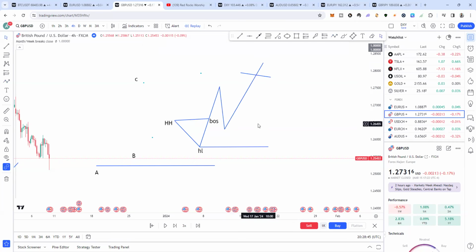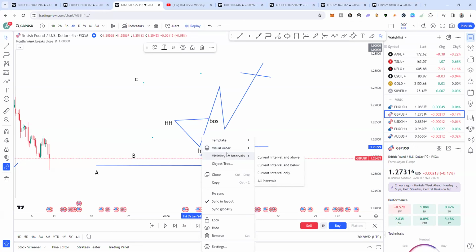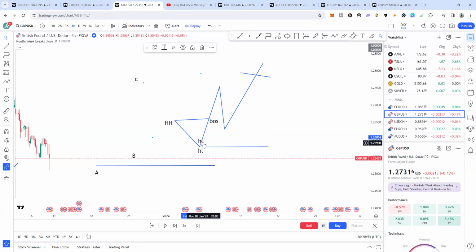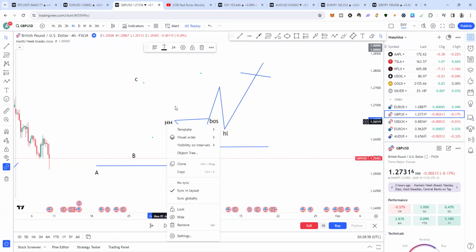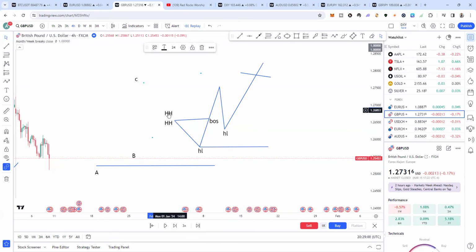I hope I'm communicating. All right. So now we have this higher low, and now we have a new higher low. Okay. And then we now have what? We also have a new higher high.